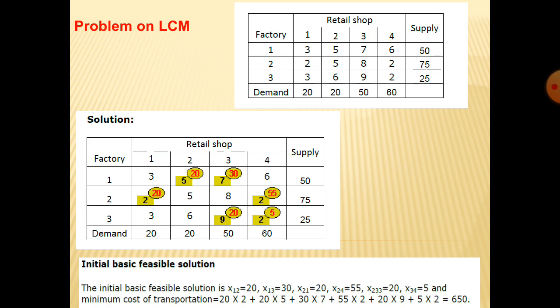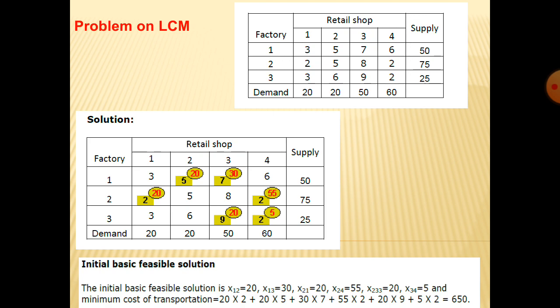It is satisfied for factory 2 and retail shop 1. No more allocations are available here. Now you search for the next minimum cost. The next minimum cost is again 2. You allocate as much as possible. Here 5 is remaining.